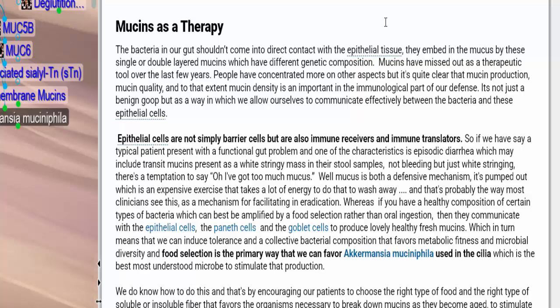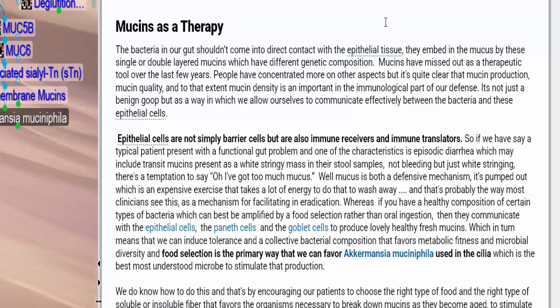Whereas, if you have a healthy composition of certain types of bacteria, which can best be amplified by a food selection rather than oral ingestion, then they communicate with the epithelial cells, the Paneth cells, the goblet cells, to produce lovely, healthy, fresh mucins, which in turn means that we can induce tolerance.